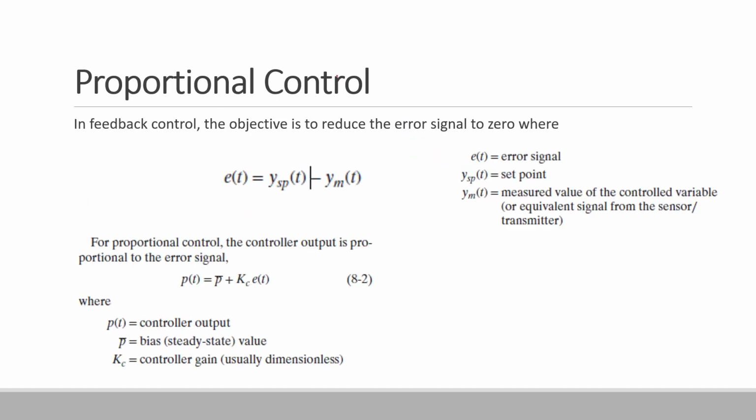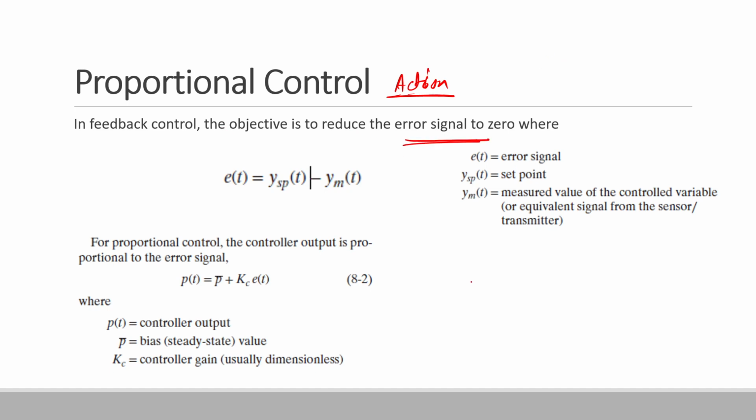So the first controller that we are going to study is the proportional control. This can be called a proportional control action, and any controller that uses this philosophy is known as a proportional controller. We already studied in the block diagram representation that the objective is to reduce the error signal to 0.